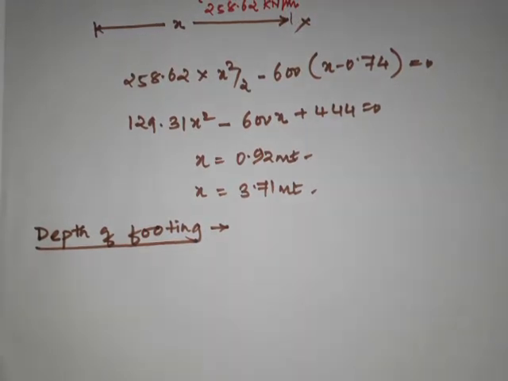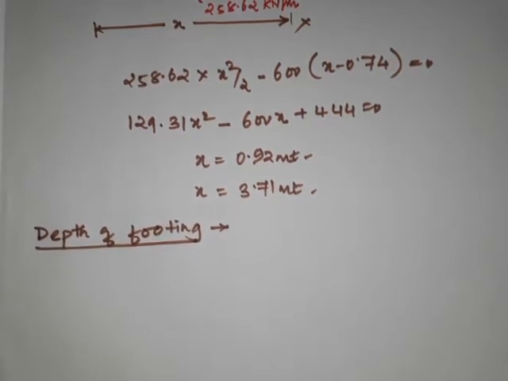Or you can assume the percentage of steel, Pt. By assuming the percentage of steel, with respect to one way shear, you calculate the depth and then proceed. But both are only assumptions, a trial.